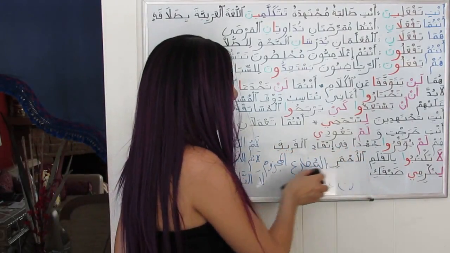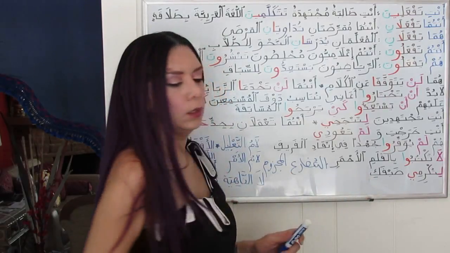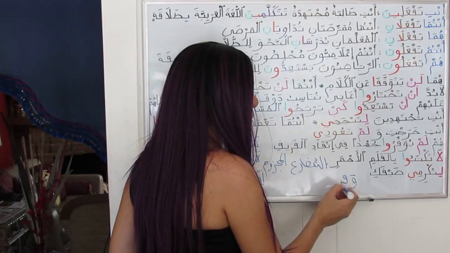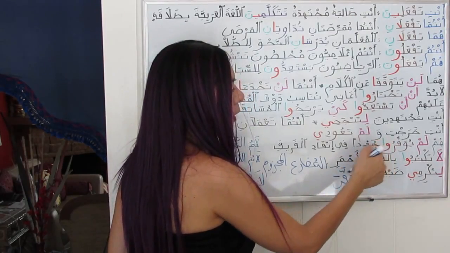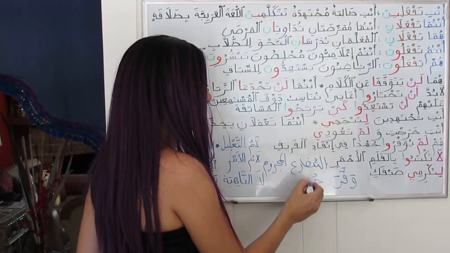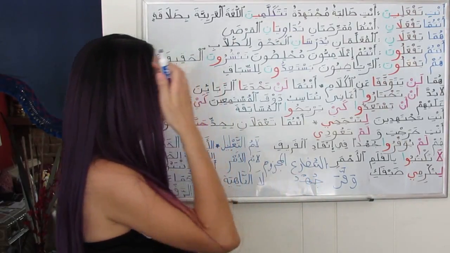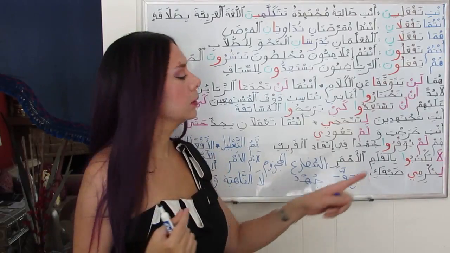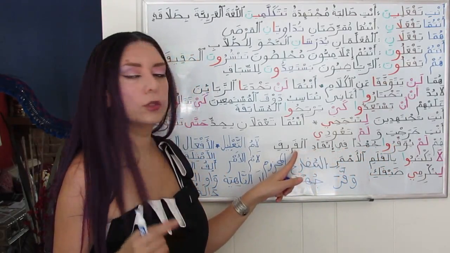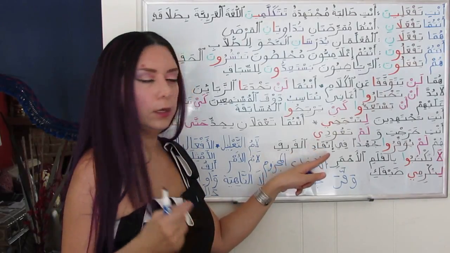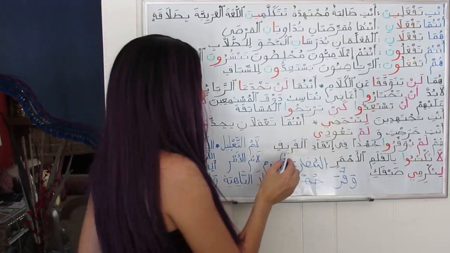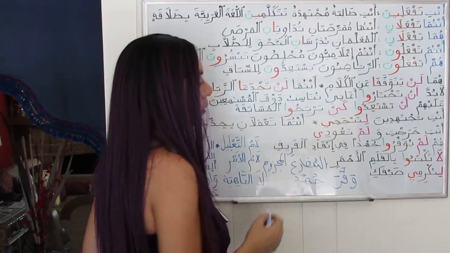وفر, form 2, is to make. وفر جهدا, make an effort. جهد means effort. They did not make an effort in the team's rescue. إنقاذ, rescue. الفريق, team. فريق, team.